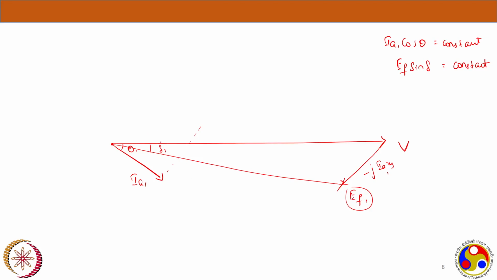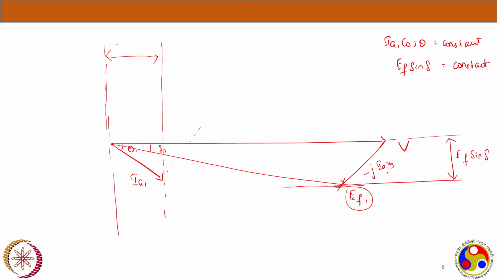So this particular locus should be constant, because that is the projection of IA onto it. And EF sine delta should be constant. So these, IA cos theta and EF sine delta, are constants.